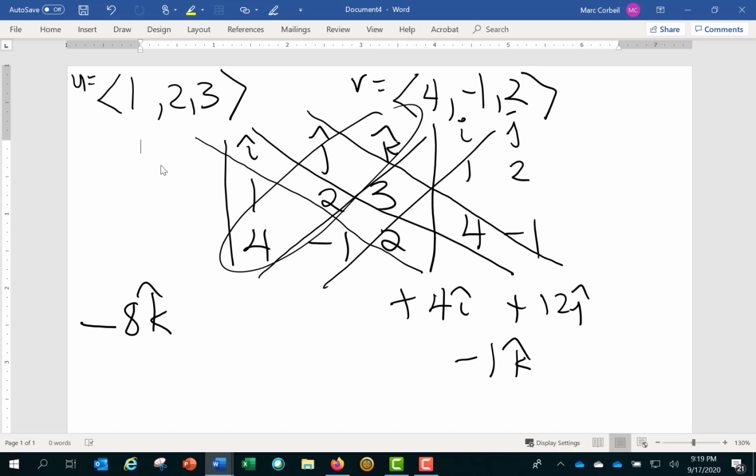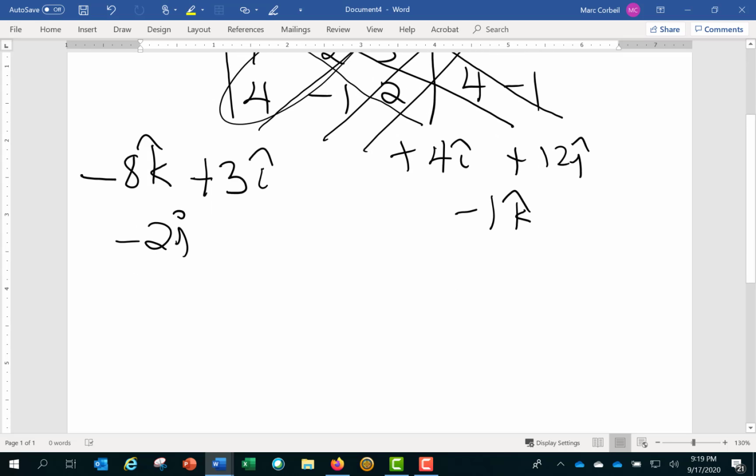The next left diagonal is minus 1 times 3, which is minus 3, and with the minus sign, that's plus 3, an I. And then the final one is 2 times 1 is 2, minus 2J.